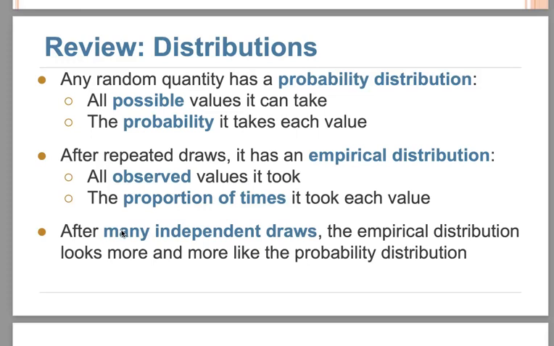After repeated draws, as in the simulation we showed you, we have an empirical distribution. The empirical distribution is an observed result: all the observed values it took, and the proportion of times it took each.